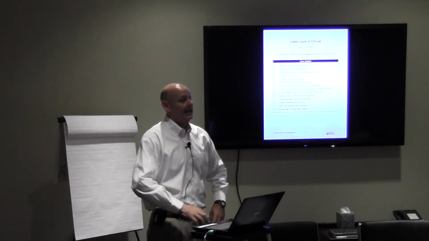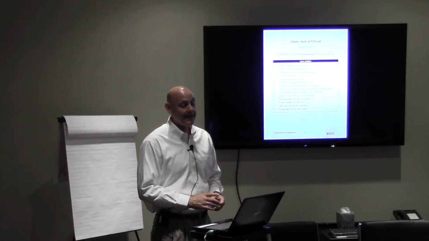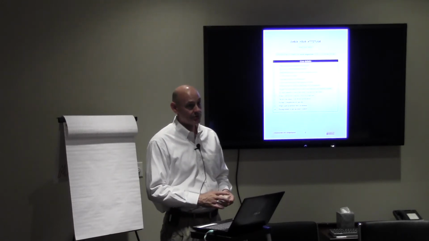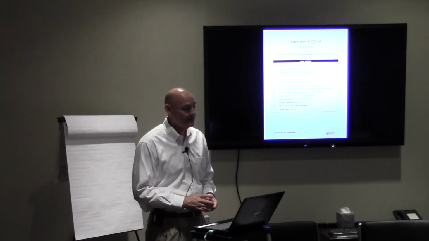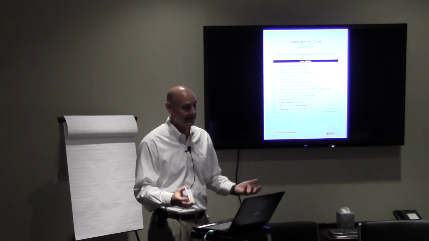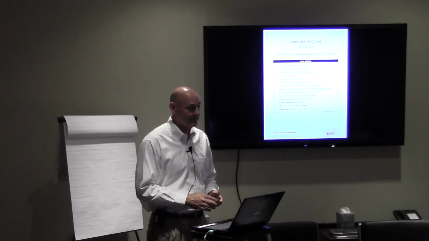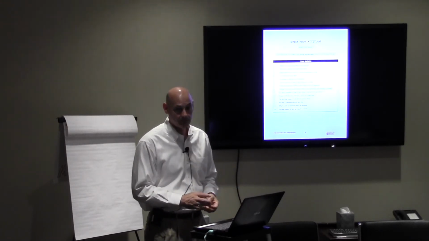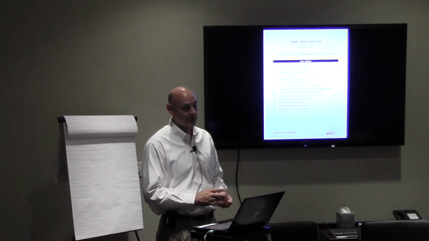That's where you need to be able to demonstrate your value, because if they perceive you to be just like every other agent, and they do not believe every other agent is worth a full commission, then you're not going to get it.